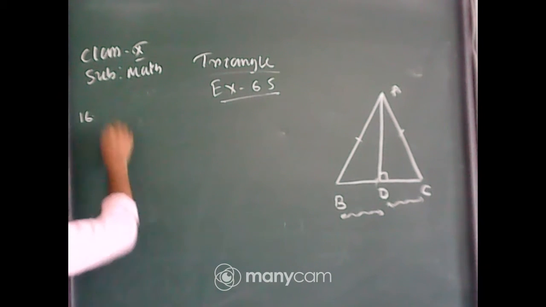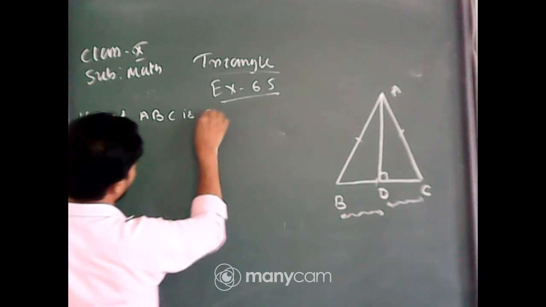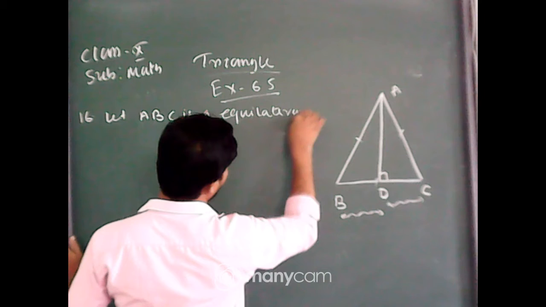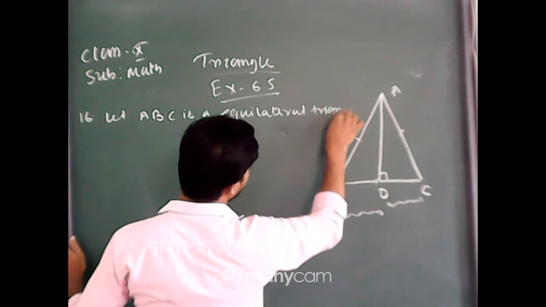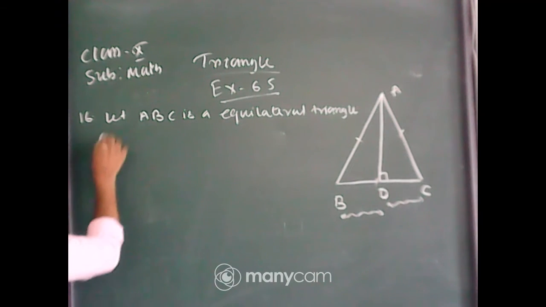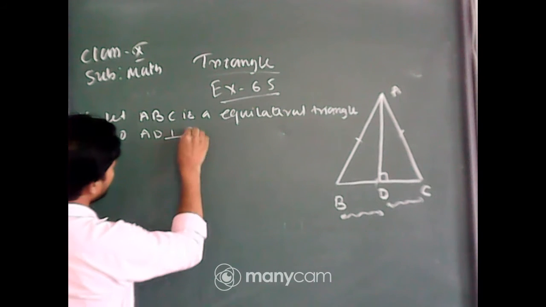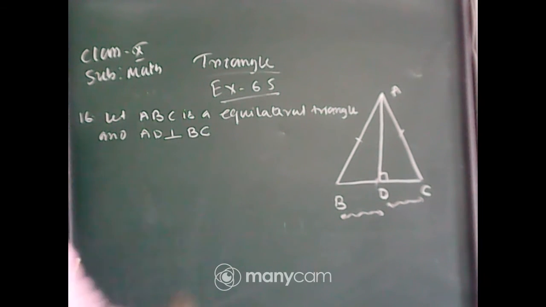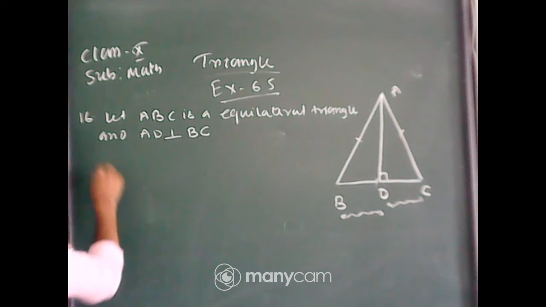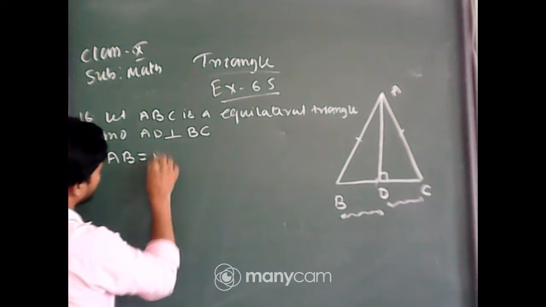So let ABC be an equilateral triangle, and AD is perpendicular to BC.